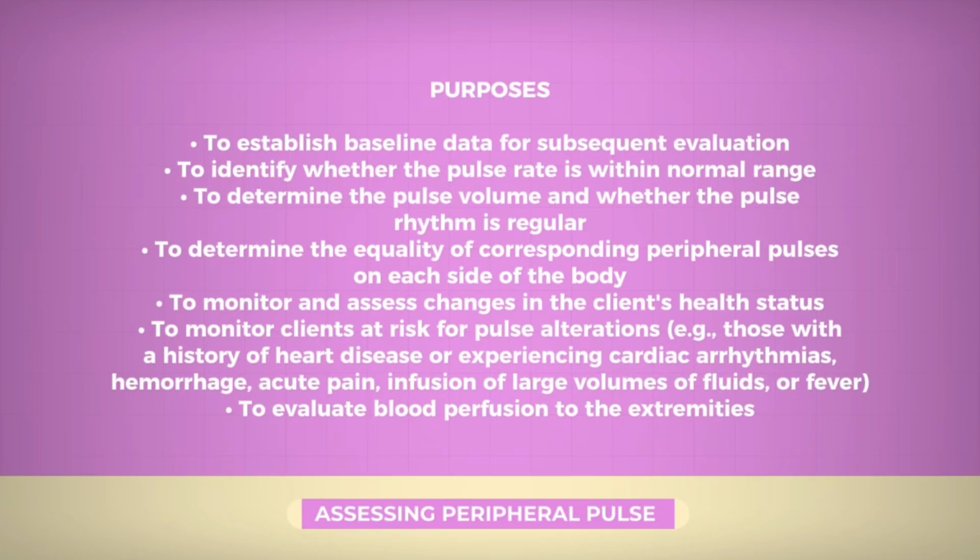Purposes: to establish baseline data for subsequent evaluation, to identify whether the pulse rate is within normal range, to determine the pulse volume and whether the pulse rhythm is regular, to determine the equality of corresponding peripheral pulses on each side of the body, to monitor and assess changes in the client's health status, to monitor clients at risk for pulse alterations, for example, those with a history of heart disease or experiencing cardiac arrhythmias, hemorrhage, acute pain, infusion of large volumes of fluids, or fever, to evaluate blood perfusion to the extremities.